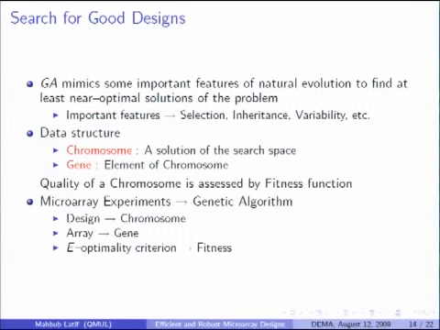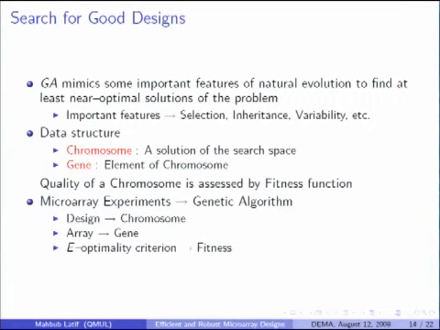Genetic algorithm is a stochastic search process which mimics some important features of natural evolution to find at least a near optimum solution of an optimization problem.